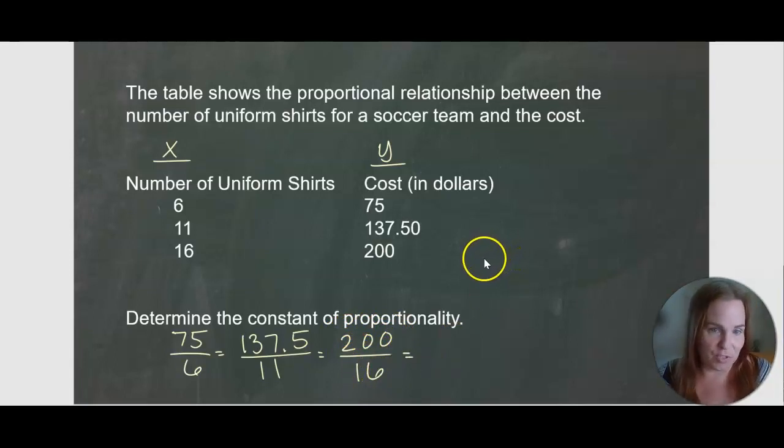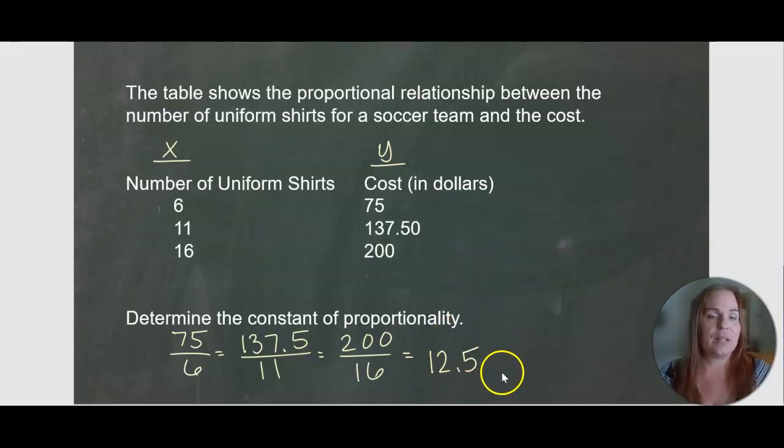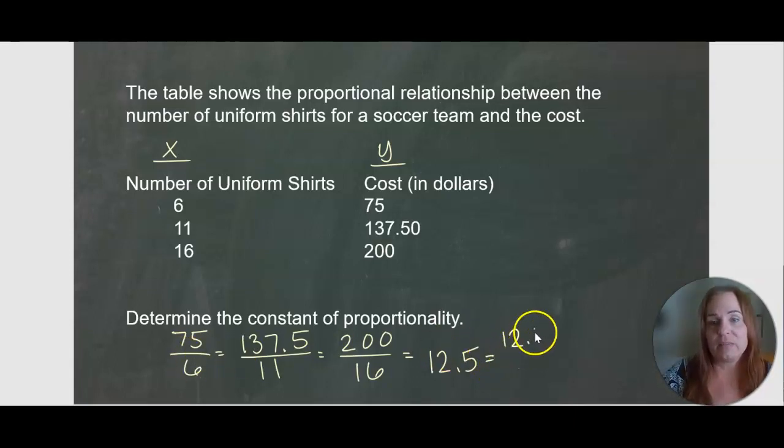So I'll do the 75 divided by 6. 75 divided by 6 equals 12.5. Now think about what that means. I could write this as 12.5 over 1. That means the same thing.